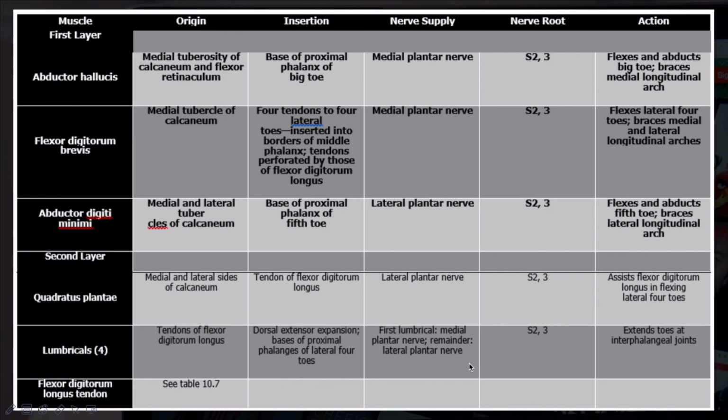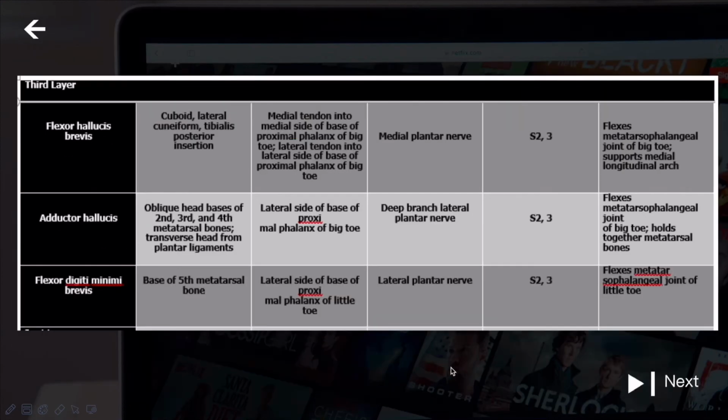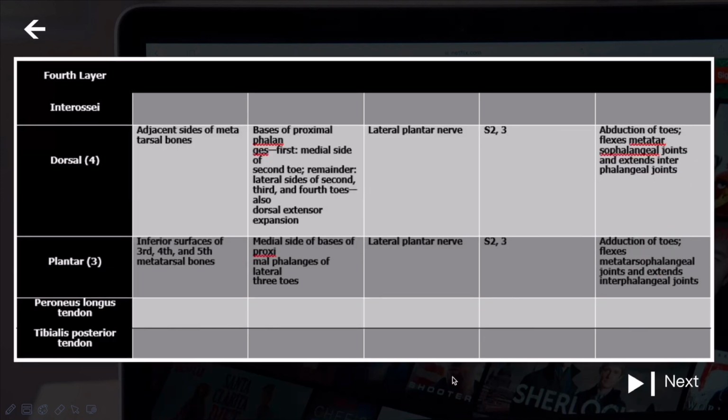The second layer contains quadratus plantae, lumbricals, and flexor digitorum longus tendon. The third layer includes flexor hallucis brevis, adductor hallucis, and flexor digiti minimi brevis. And the fourth or the last layer contains interossei, dorsal, plantar, peroneus longus tendon, and tibialis posterior tendon.